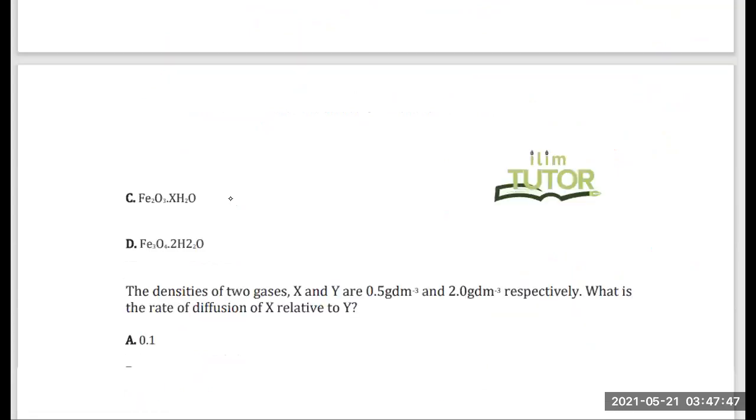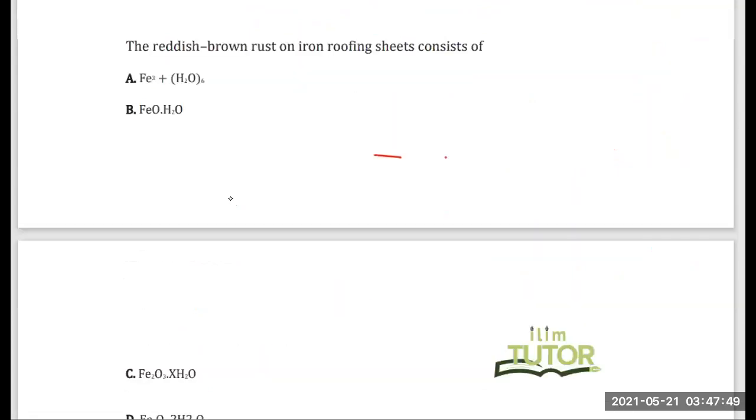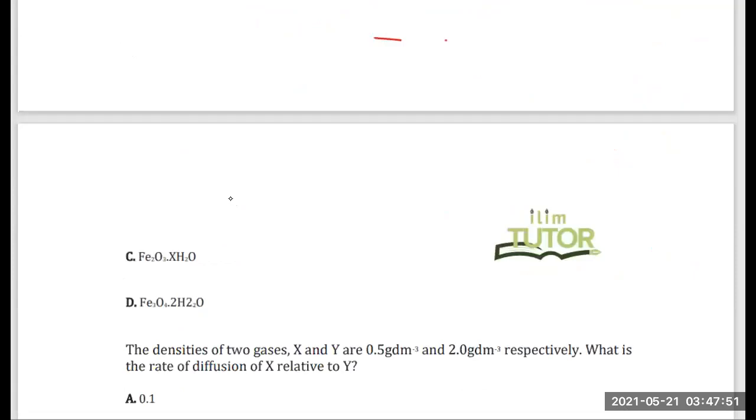So the iron in its oxidation state of rusting is iron 3, so basically C corresponds to that. So why do we put xH2O? That is to indicate that we cannot really determine the number of water molecules. Since we are talking about roofing sheet, we cannot really pick a particular number of water molecules being added. So xH2O.